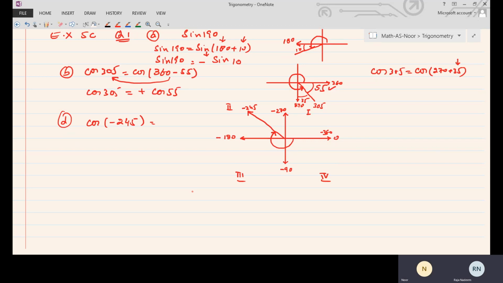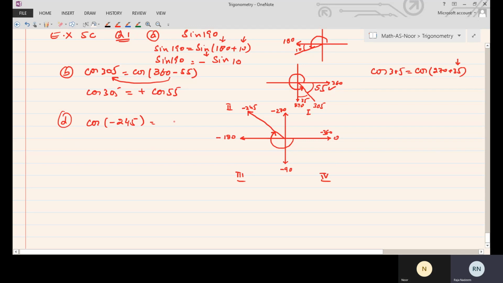The one from the x-axis. So the basic angle would be 65.